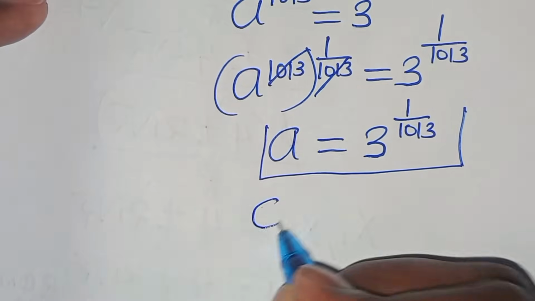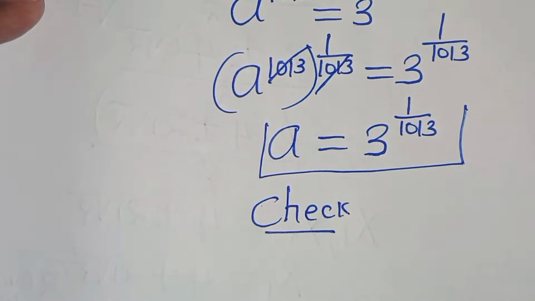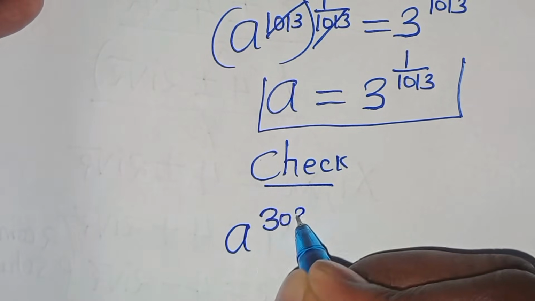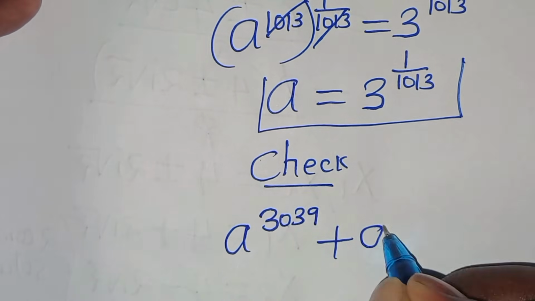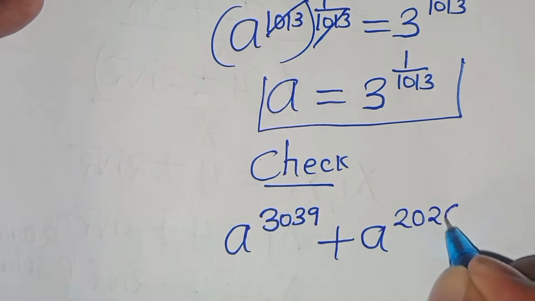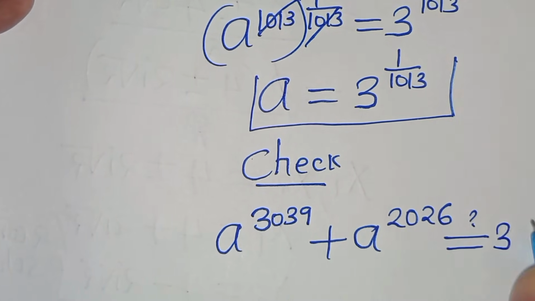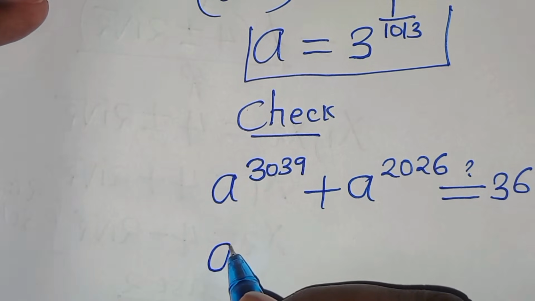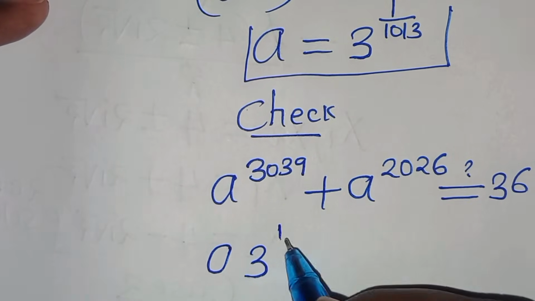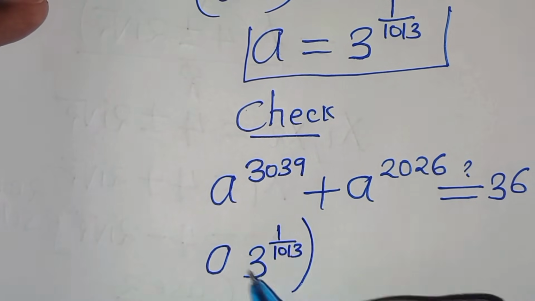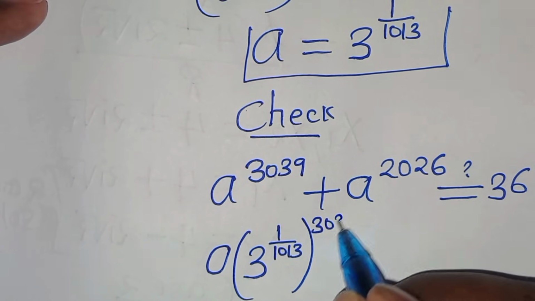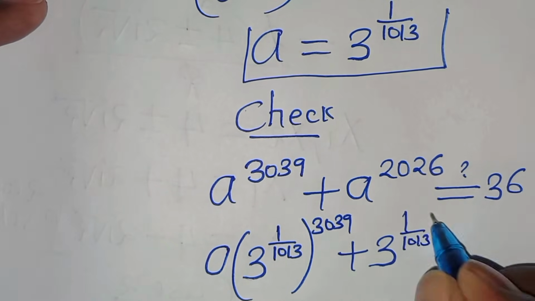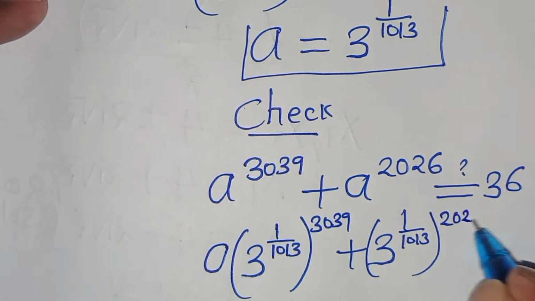Now, let's check if this value of A satisfies the equation. If you recall, we had that A to the power of 30, 39 plus A to the power of 20, 26 is supposed to give us a value of 36. Let's substitute the value of A, which in this case is equal to 3 to the power of 1 over 10, 13, raised to the power of 30, 39, then plus 3 to the power of 1 over 10, 13 raised to the power of 20, 26.